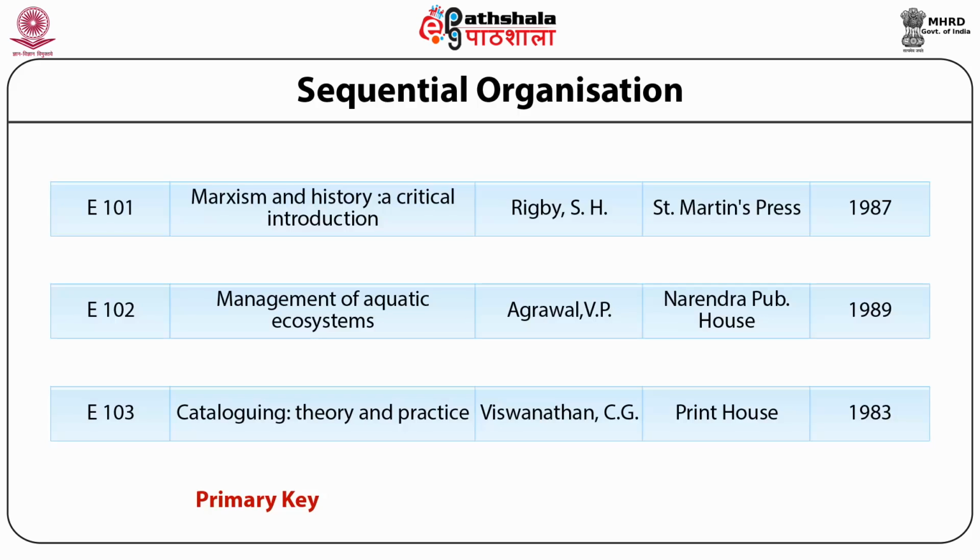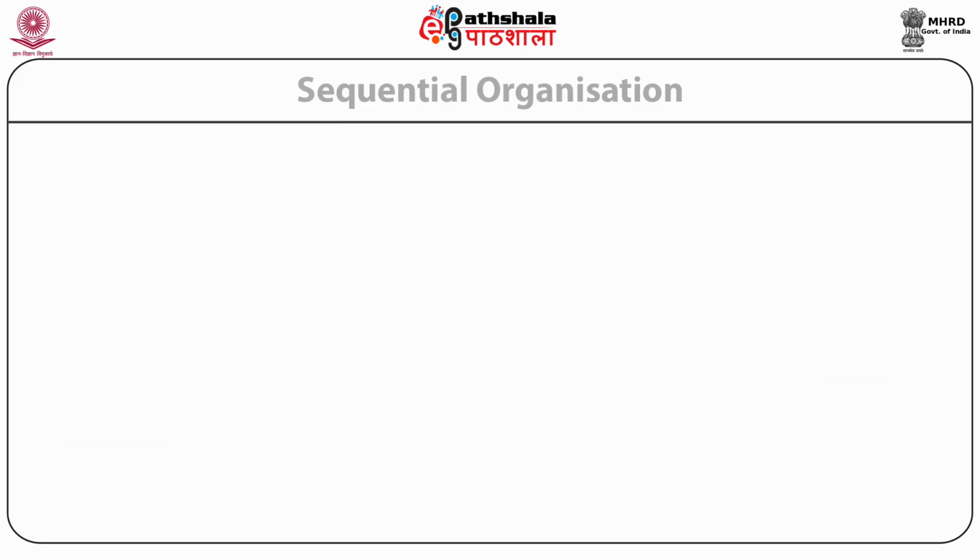These numbers are unique. You can see that it is 101, 102, 103. This key actually determines the sequence of record in a serialized manner. So this kind of organization is known as sequential organization.